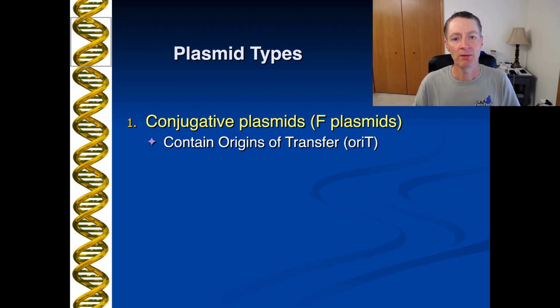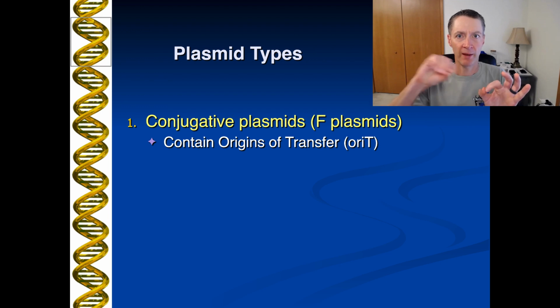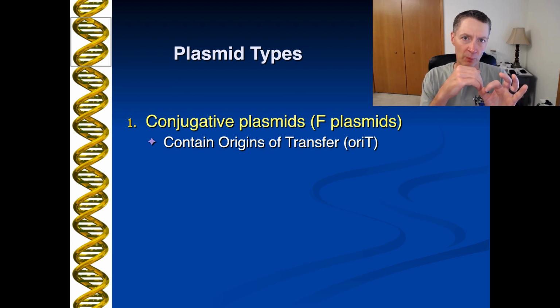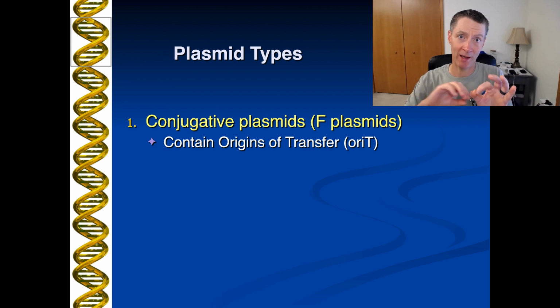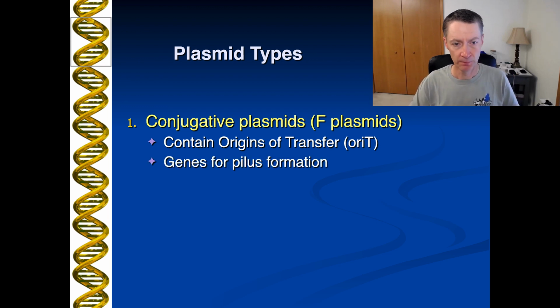These will contain plasmids with an origin of transfer. So in other words, the plasmid contained within the bacterium is capable of spinning off new plasmids into the adjoining cell, okay? It's that origin of transfer, which is the location where there'll be a little bite taken out of one side of that double-stranded DNA, and a DNA polymerase will produce a new strand as it goes into the other cell.